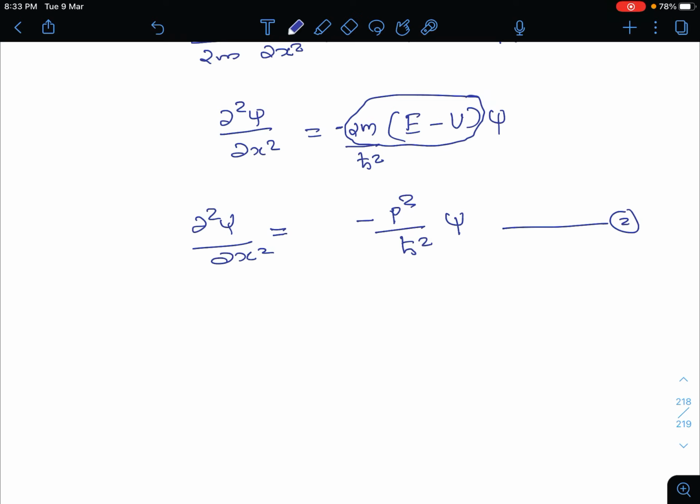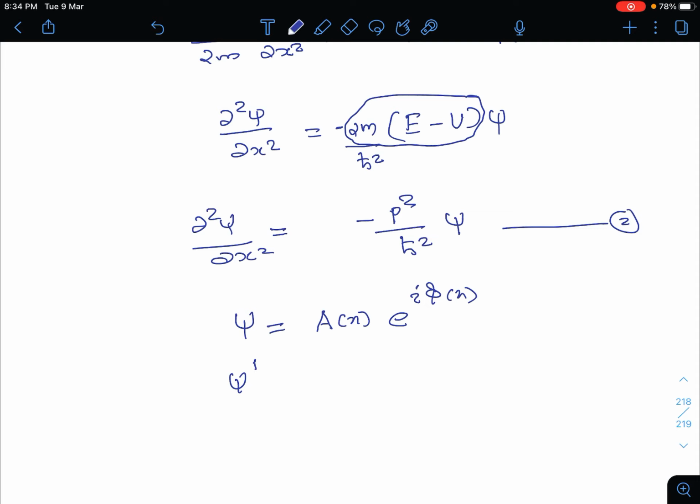In those cases psi can be represented, though this equation can be very easily solved, as A of x, some amplitude, e raised to i phi of x. Here phi of x is some real phase, and of course you have a real amplitude also.